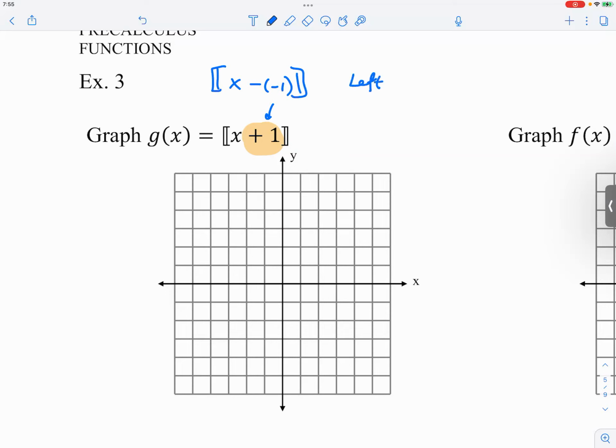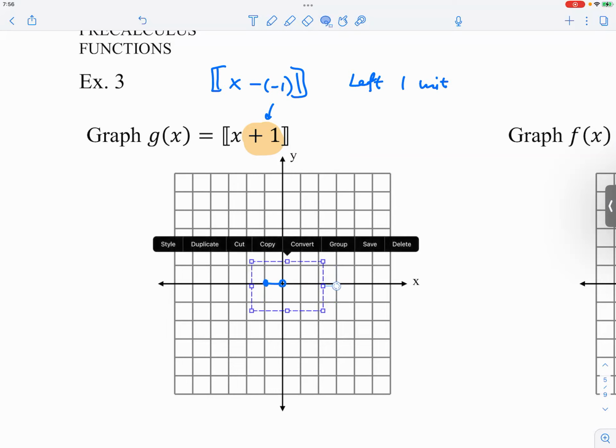So we say it is shifting to the left 1 unit. So now if you know what's going on, then you say, oh yeah, originally it's like this, but now it's shifted to the left. So then you'd be like, oh yeah, so I just go ahead and start.